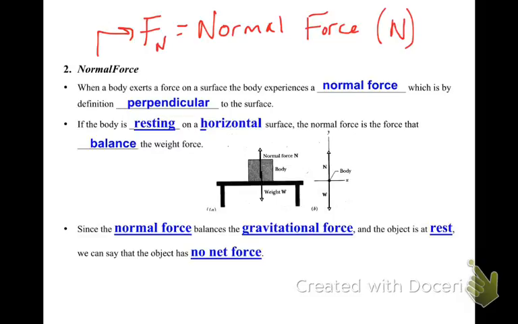So really, what is the normal force? Well, when a body exerts a force on a surface, the body experiences a normal force, which is by definition perpendicular to the surface. In other words, when you are sitting in your chair right now, you are experiencing a normal force. You have your weight force pushing down towards the center of the earth, and you've got your normal force pushing back up on you.